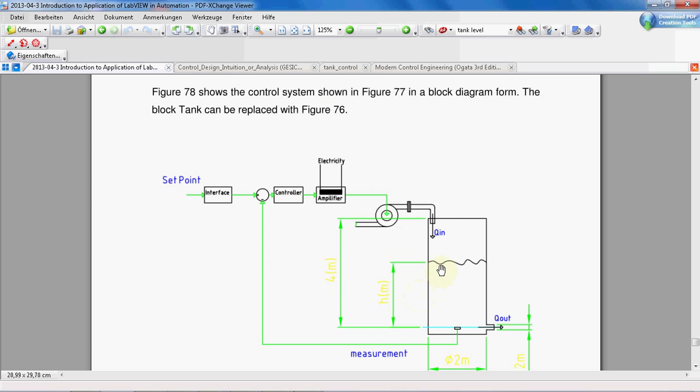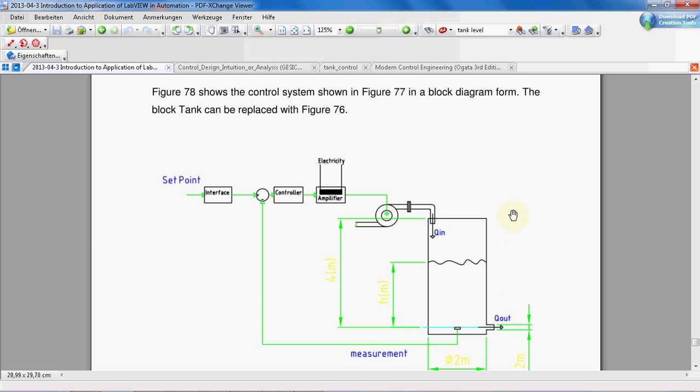In order to be able to control the level of water at the maximum capacity of the tank, the pump should be able to pump water with a flow rate equal to the outgoing flow rate when the level of the tank is at maximum.